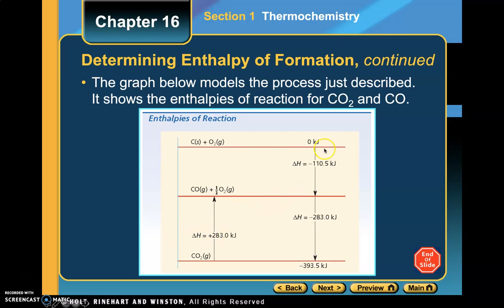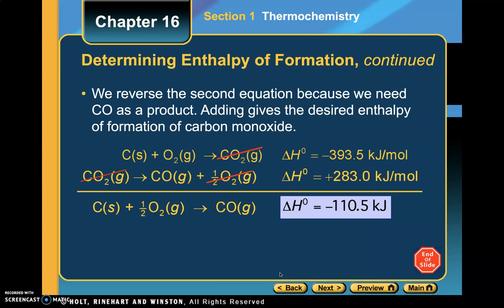But to make the changes from the carbon and oxygen, that's going to require another negative 110. And then combining those two together gets us to our total answer of negative 393.5 kilojoules. Cool, so that's just graphically trying to show you what you just solved here.